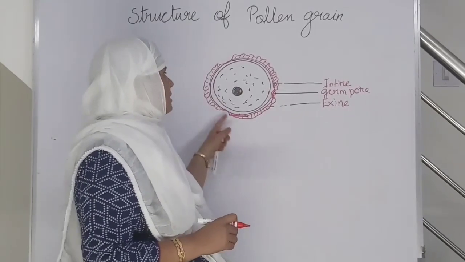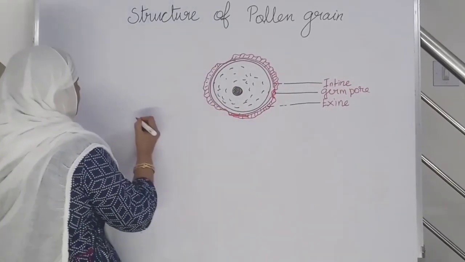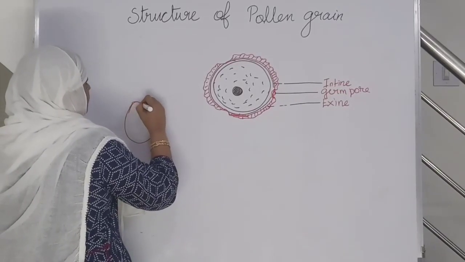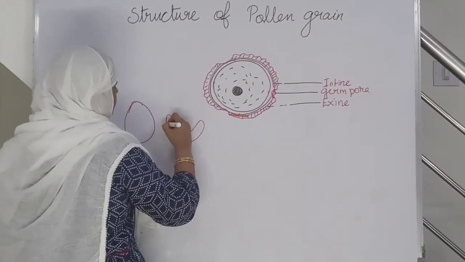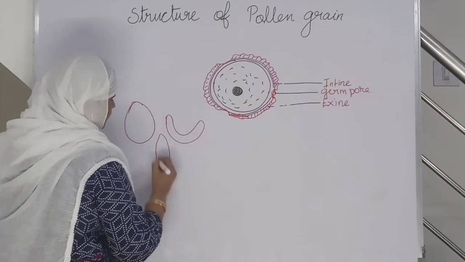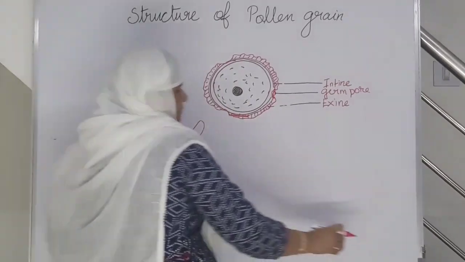The pollen grain shapes are different in different plants, like somewhat globose, or crescent shaped, or fusiform. Like this, different shapes are there for the pollen grains.